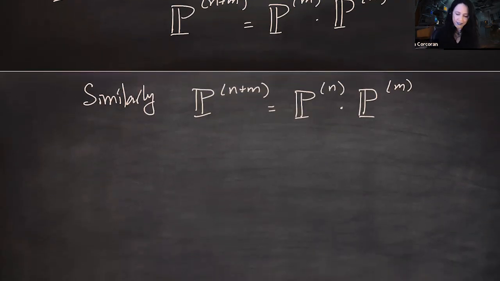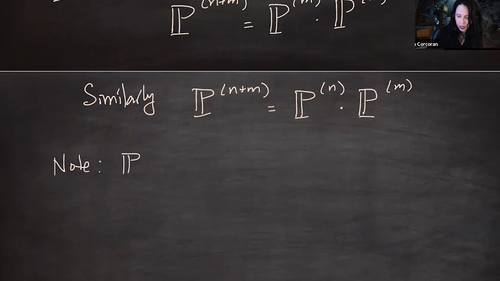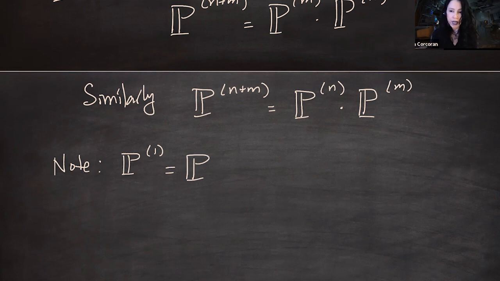So check this out, because this is where it's really going to be useful. I just want to note a couple of points of notation here. The P matrix with a 1 in the parentheses is the one-step transition probability matrix, so that's just our original P. And the P matrix with a 0 in parentheses is filled with transition probabilities of going from i to j in 0 units of time.